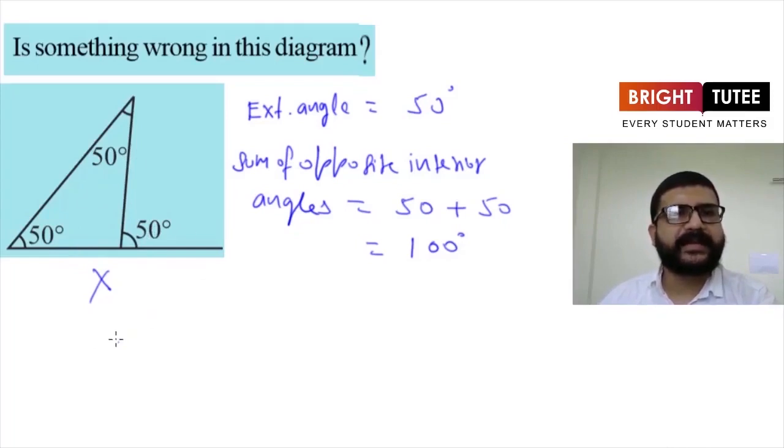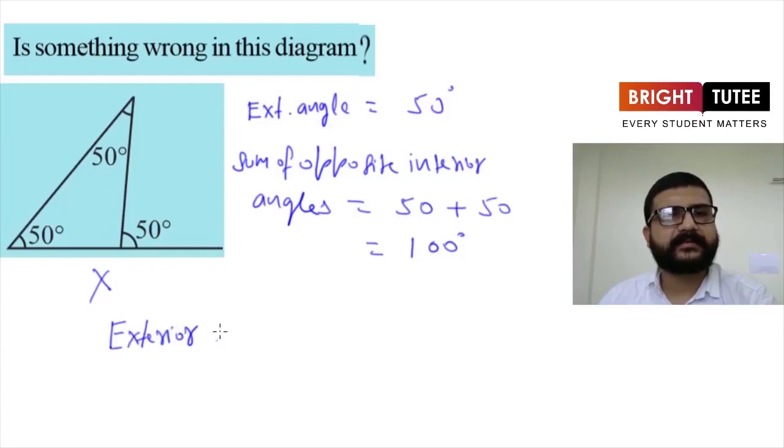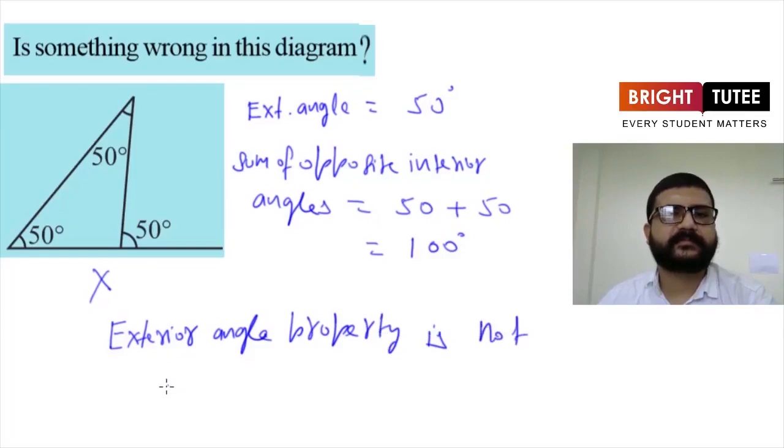So what we can write here, exterior angle property is not satisfied. So here this exterior angle property is not satisfied. That's why the figure given here is not correct.